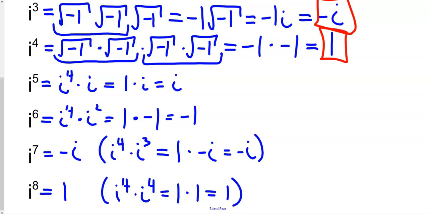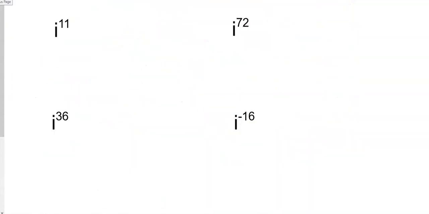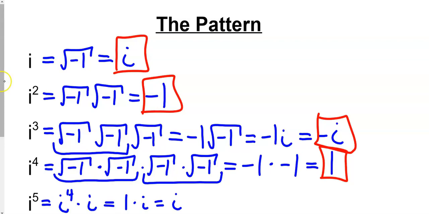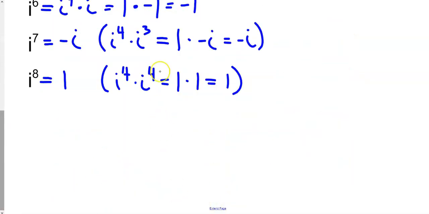So I want to show you a little trick to this. Whenever you have an exponent, some i to some random power, and you want to simplify this down, here's how you can do this really, really quickly without having to write out a lot of i's, like what I did up here. So, here's a trick. Take the exponent and divide it by 4.